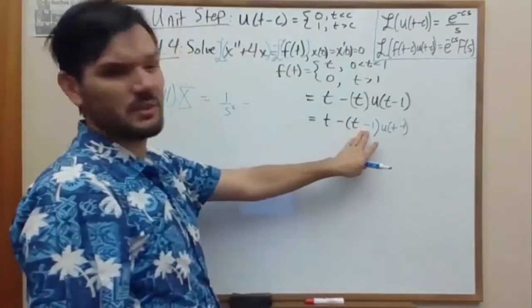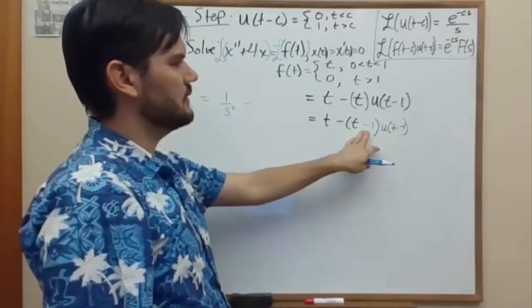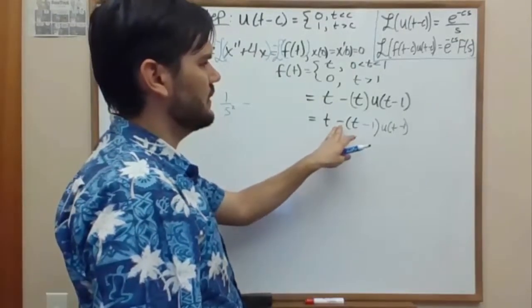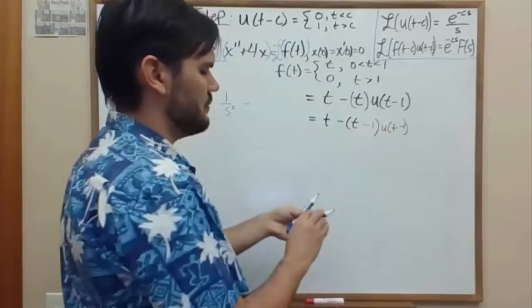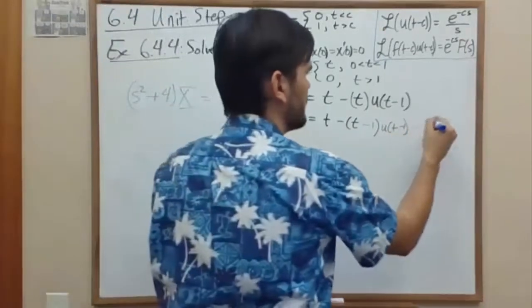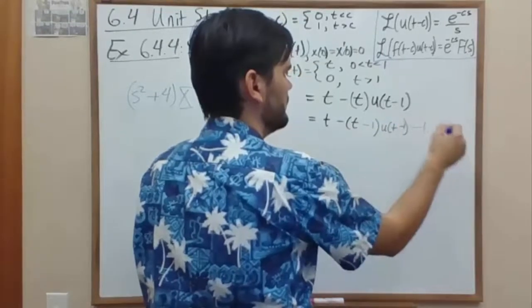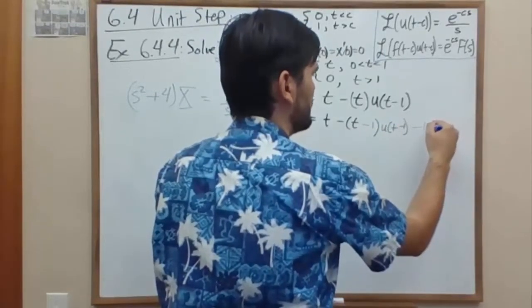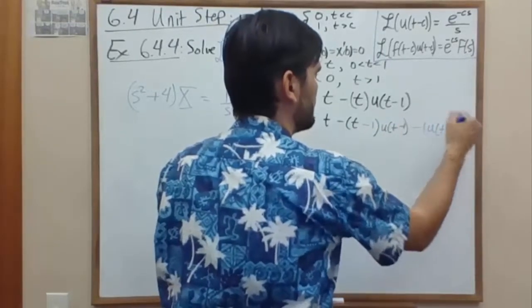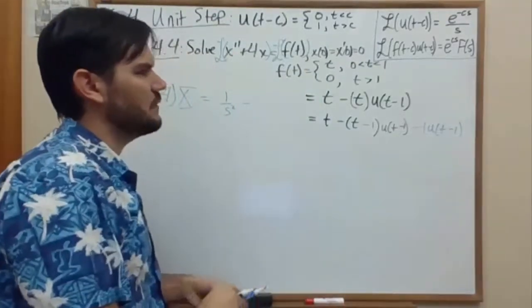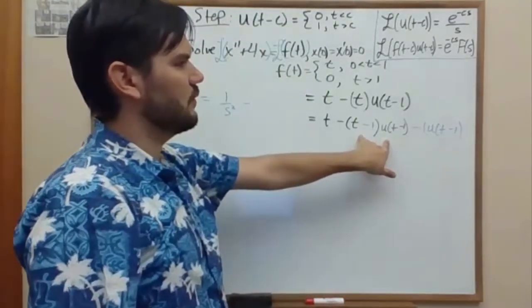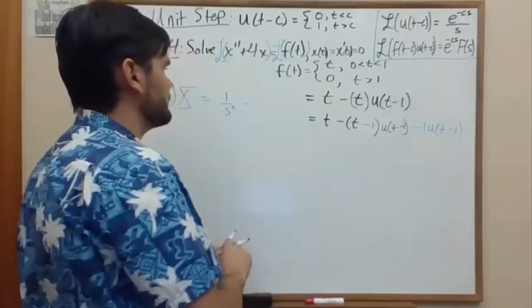And then because we're subtracting with a negative, we're adding in this extra unit step. We need to then subtract off 1 times u of t minus 1, like that. So now we have the form that's shifted correctly.